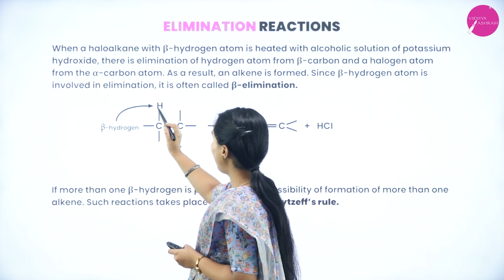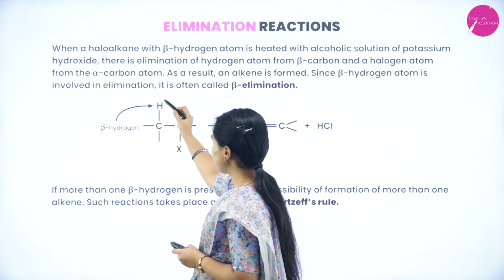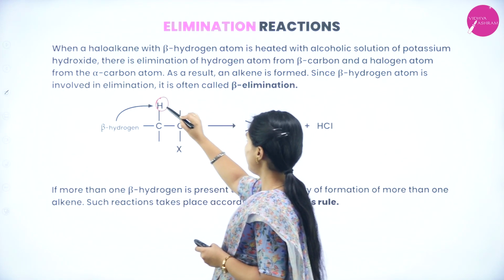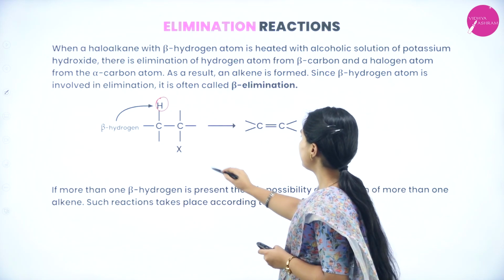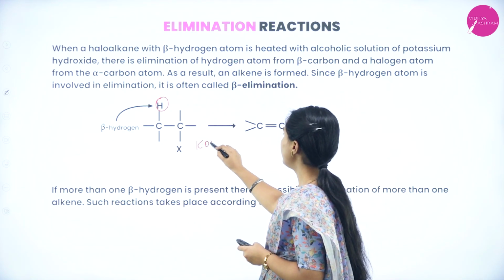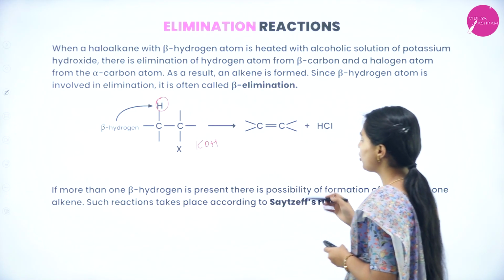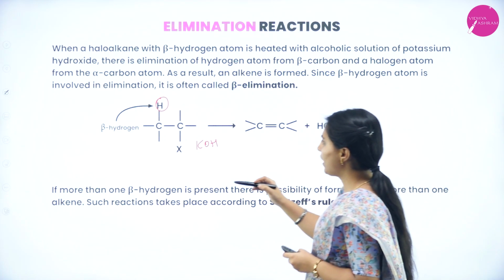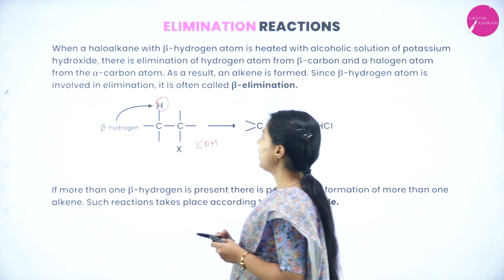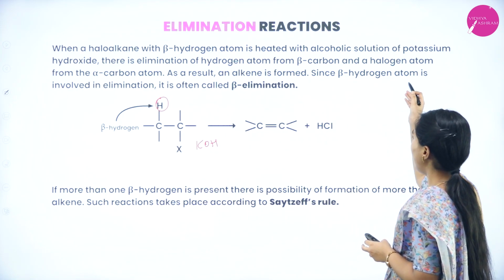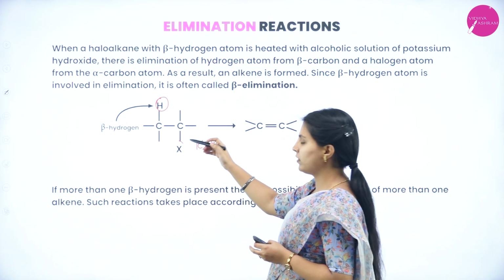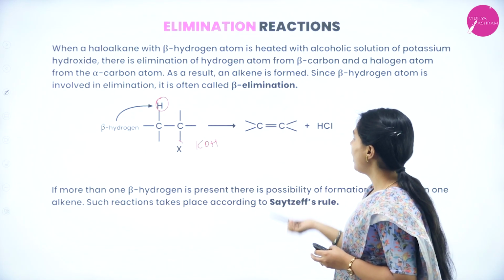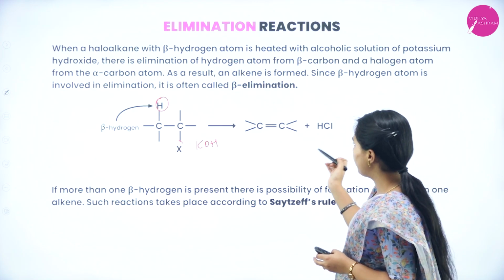When a haloalkane with beta hydrogen is heated with alcoholic KOH, the hydrogen atom from the beta carbon is removed, and the halogen atom from the alpha carbon is removed. As a result, the alkene will be formed.